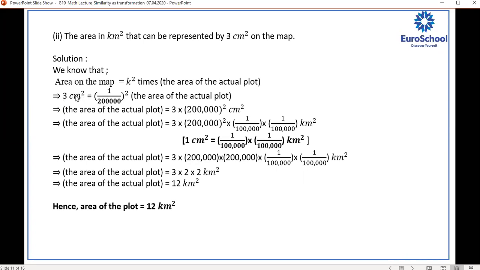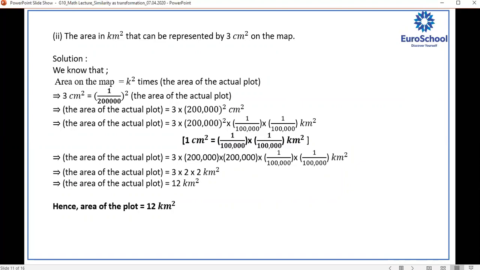We'll take it to the numerator. So we get 3 into 2 lakh square centimeter square, right? Till now, we have not converted area into kilometer. It's still in centimeter. And for actual things, we always write the answer in kilometers, we do not write in centimeter.